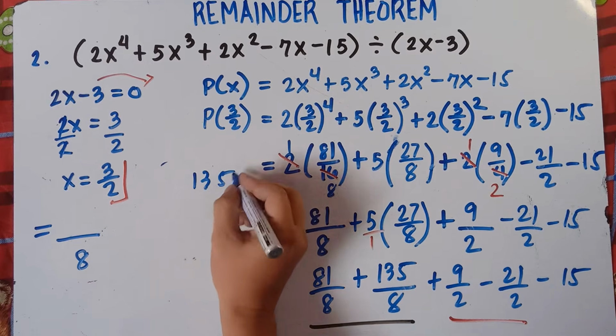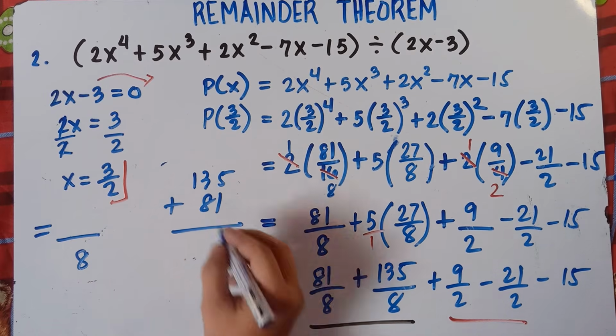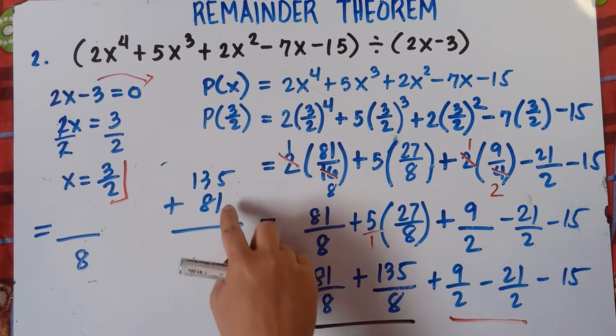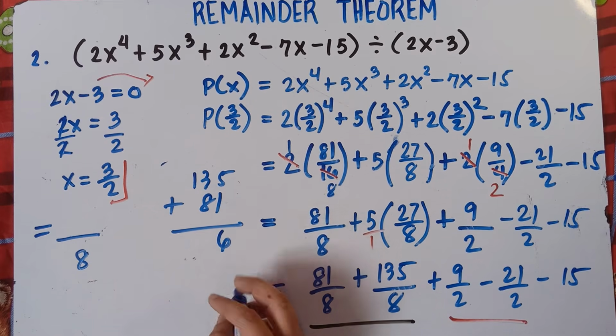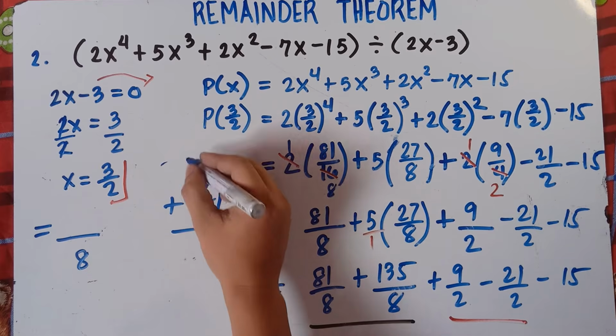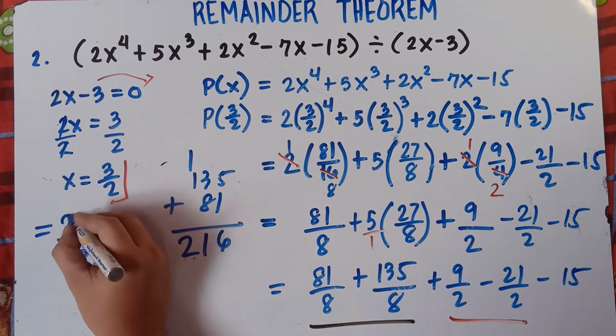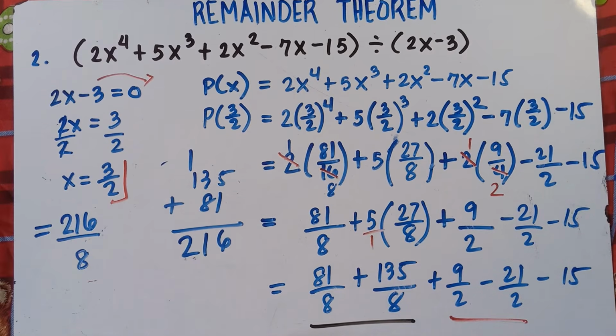Once again, we can combine this fraction because they have the same denominator. So copy the denominator, then you add the numerator. 81 plus 135. So 5 plus 1 is 6, 8 plus 3 is 11, 1 carry 1, 1 plus 1 is 2, 216. So this is 216.